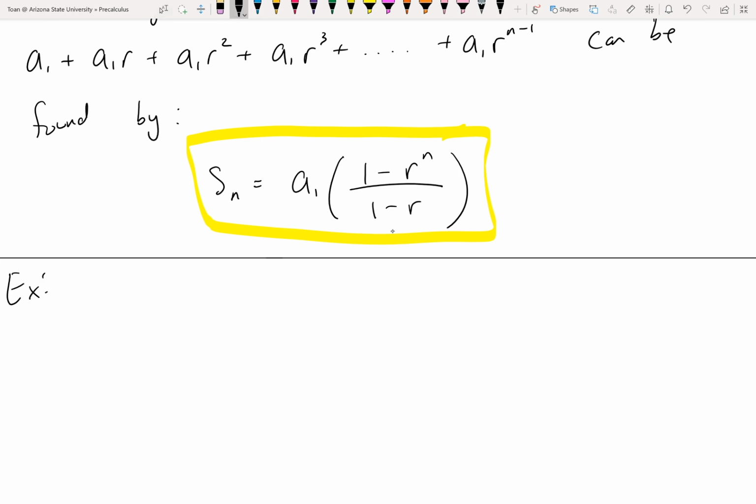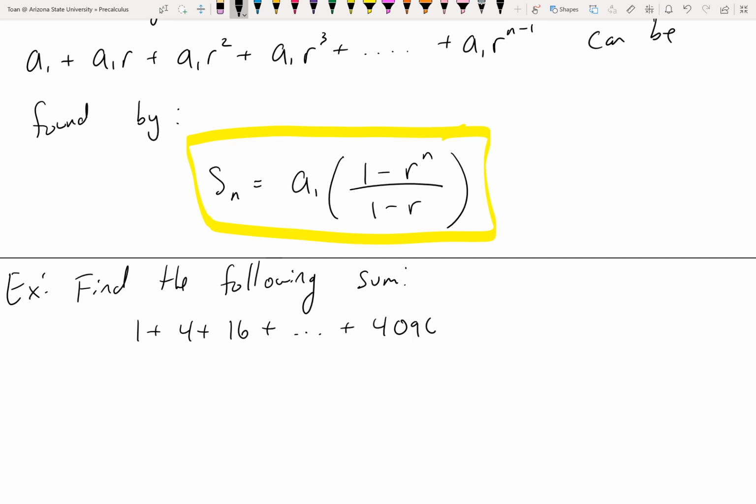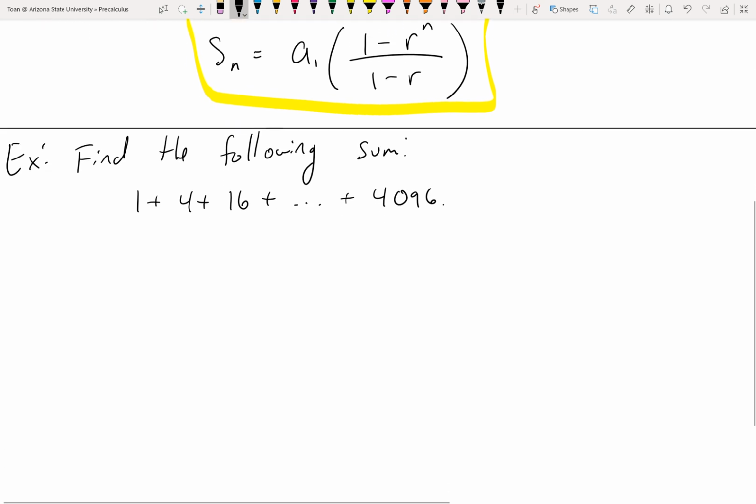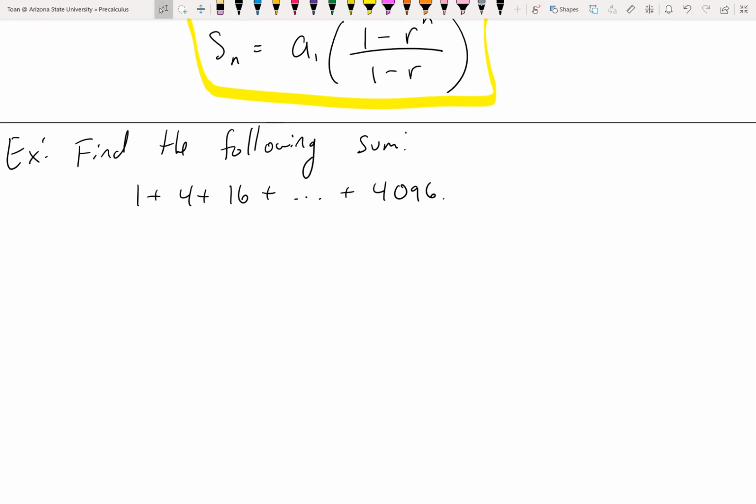So for example, if I asked you to find the following sum, and I give you 1 plus 4 plus 16 plus dot dot dot plus 4096. Now again, we have to pretend that this isn't 12.3b geometric series.